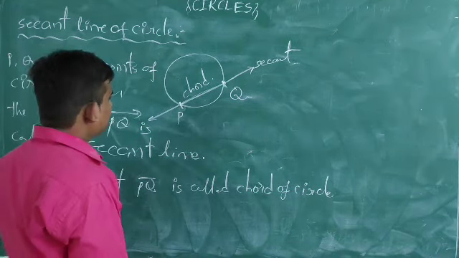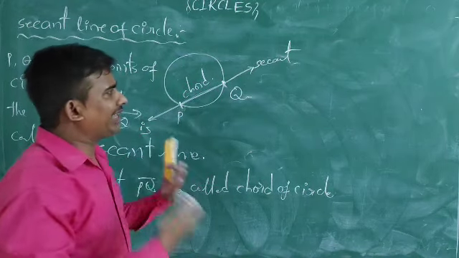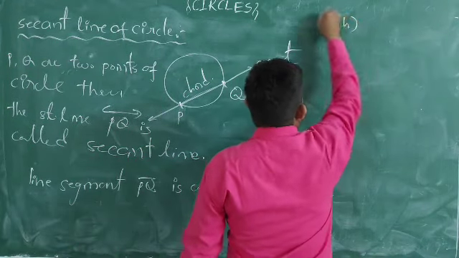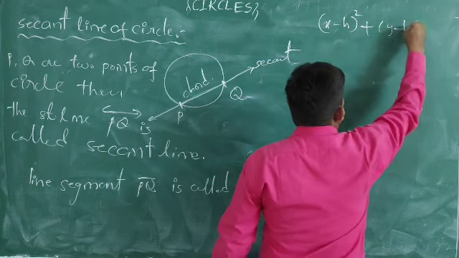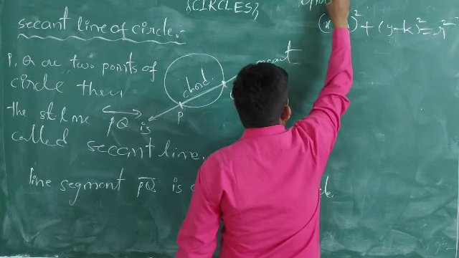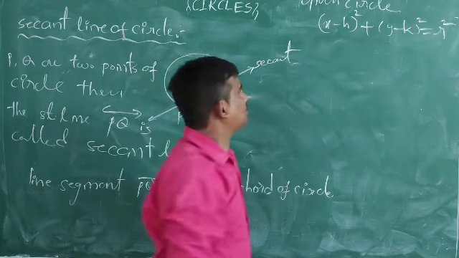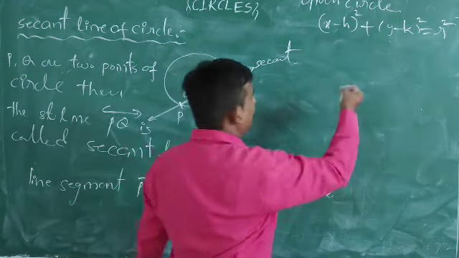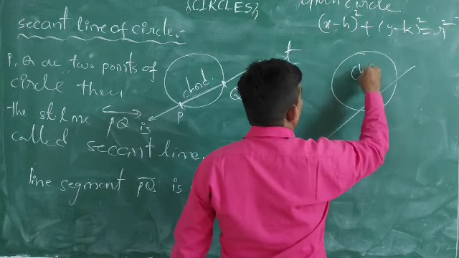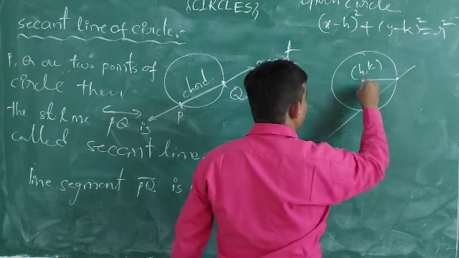And we have to find the length of the chord of this circle if we are given a circle equation. First, suppose x minus h whole square plus y minus k whole square equal to r square is our given circle. We are clear our center is h comma k, and the radius is from the center to this point or to this one.